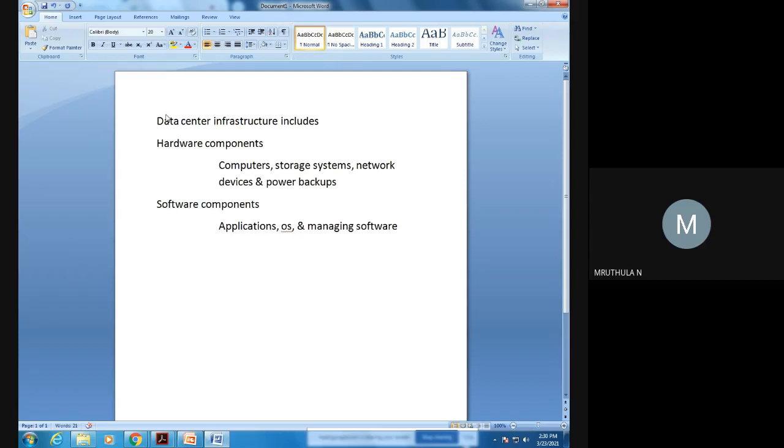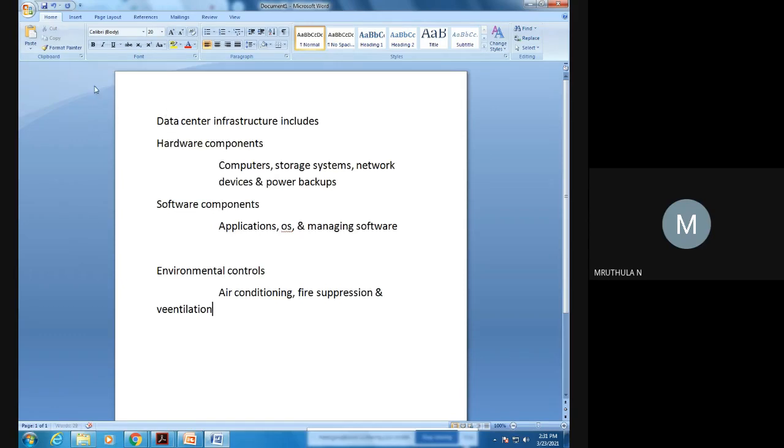It also includes environmental controls like air conditioning, fire suppression, and ventilation.